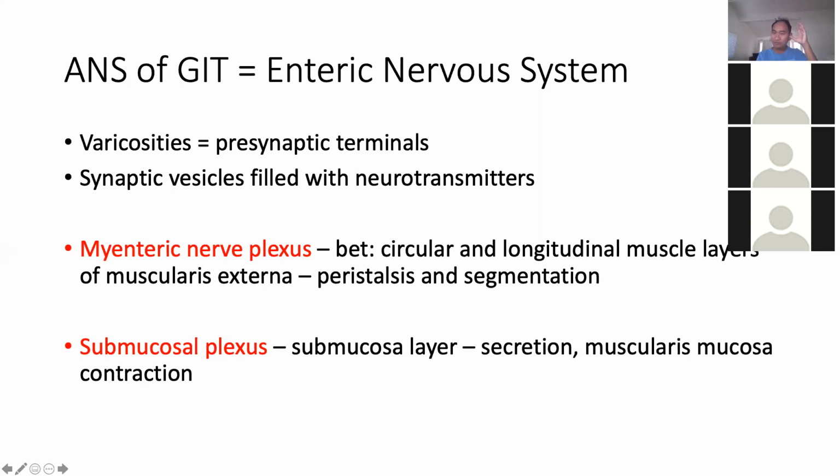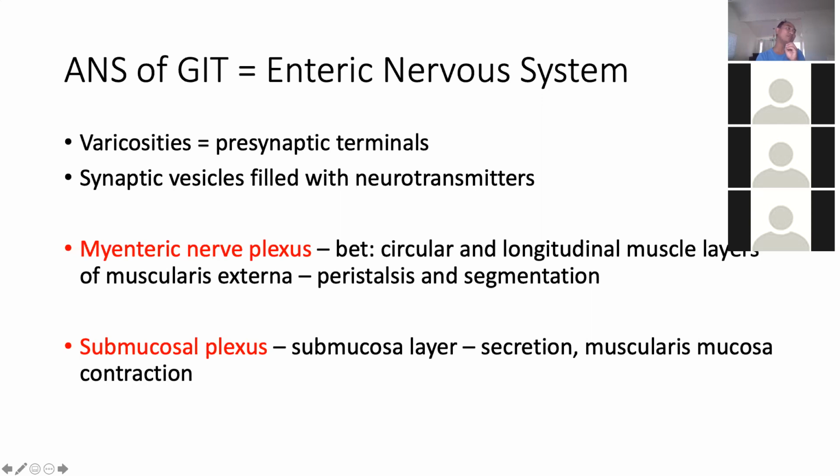So I believe you remember that picture, like a transverse section of the gastrointestinal tract. The myenteric nervous system and submucosal nervous system are under the control of the autonomic nervous system of the gastrointestinal tract, which is also called the enteric nervous system.